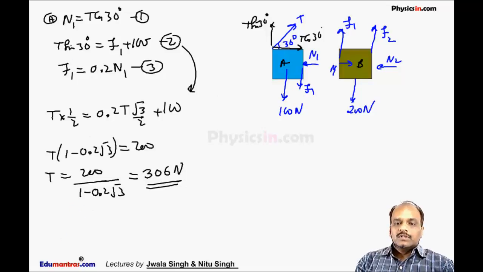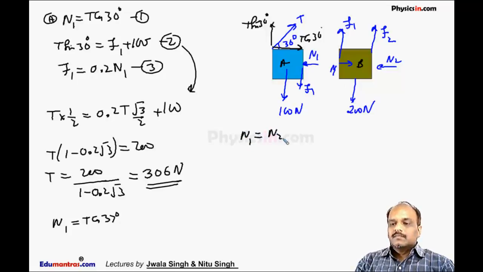Now if we know the tension, we can say N1 is equal to T cos 30 degree. Now for block B we can say N1 must be equal to N2, means F1 must be equal to F2 because mu1 is equal to mu2.